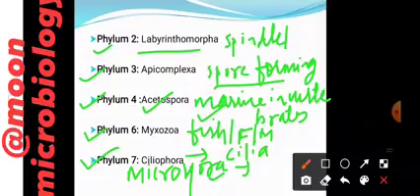The fourth is Acetospora. They are parasites of animals, especially of marine invertebrates. Apicomplexa are obligate endoparasites of animals, whereas Acetospora are parasites of marine invertebrates.